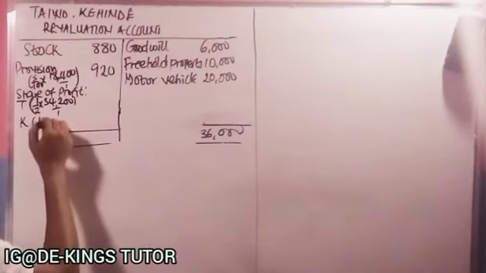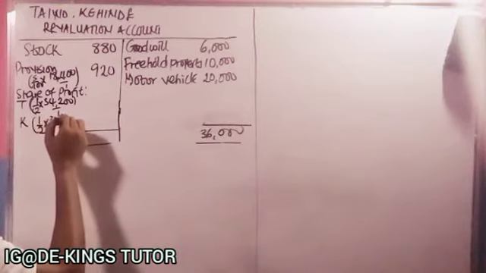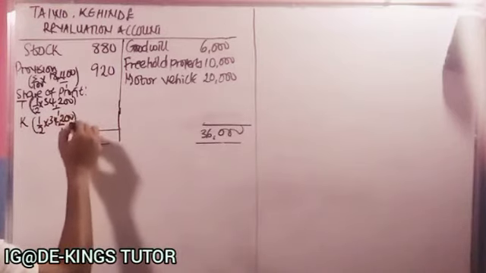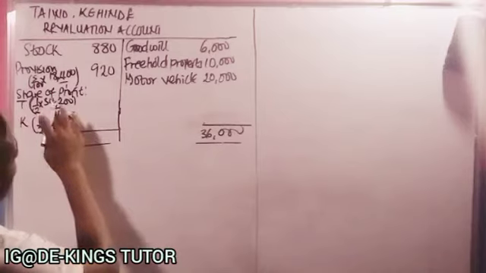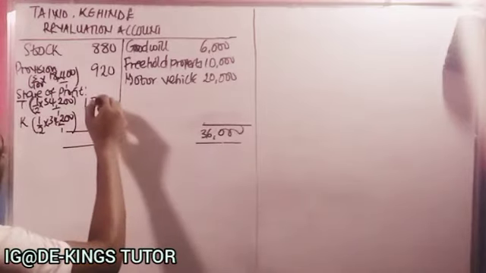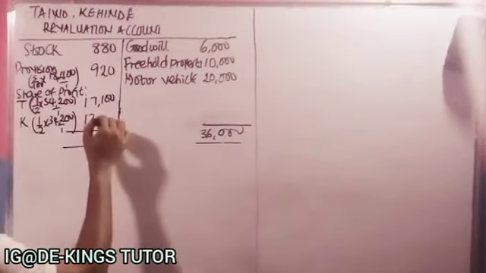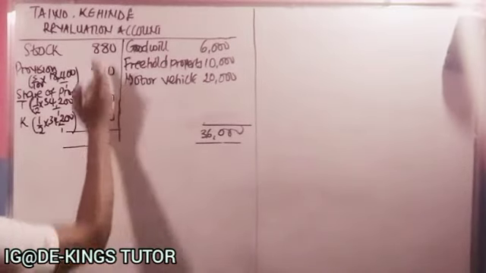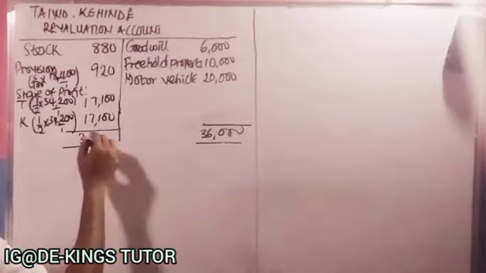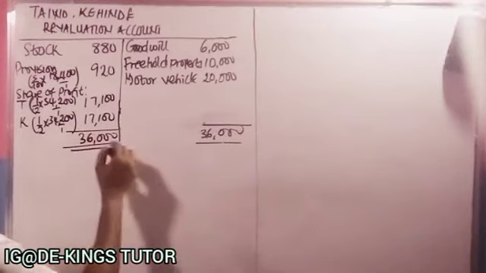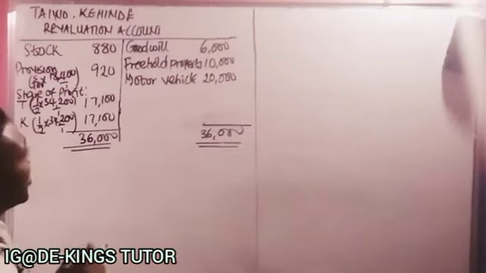So half of 34,200 will give us 17,100 naira, and the same 17,100 naira for the other partner. So that when we add together, we have the same as 36,000. Okay, so that's the revaluation account.